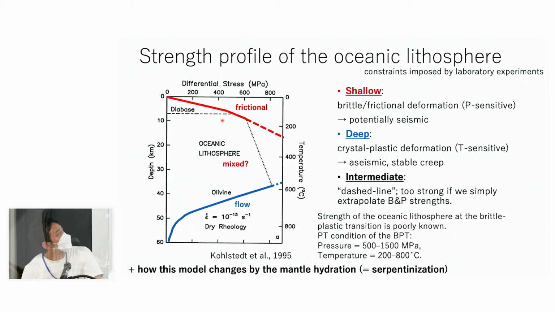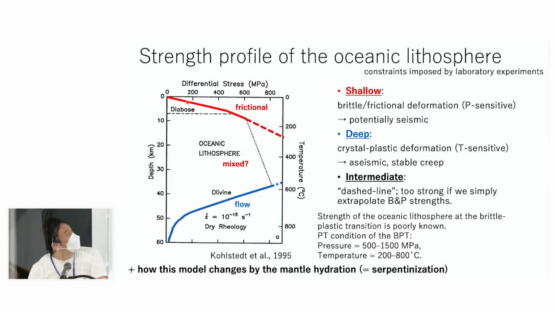At shallower regions, the strength of the plate is constrained by friction or brittle strength, which is a function of the pressure, actually. So with increasing depth, rock strength in the brittle or frictional field increases like this. But if you go deeper, temperature will also increase, right? So this means crystal plastic deformation is enhanced like this as you go deeper.